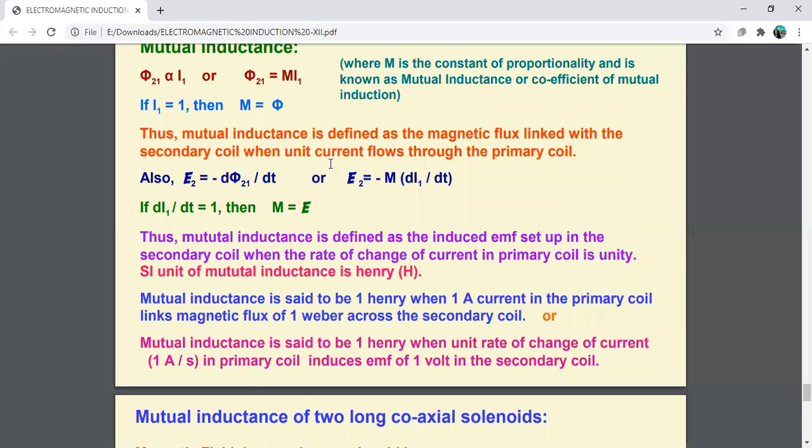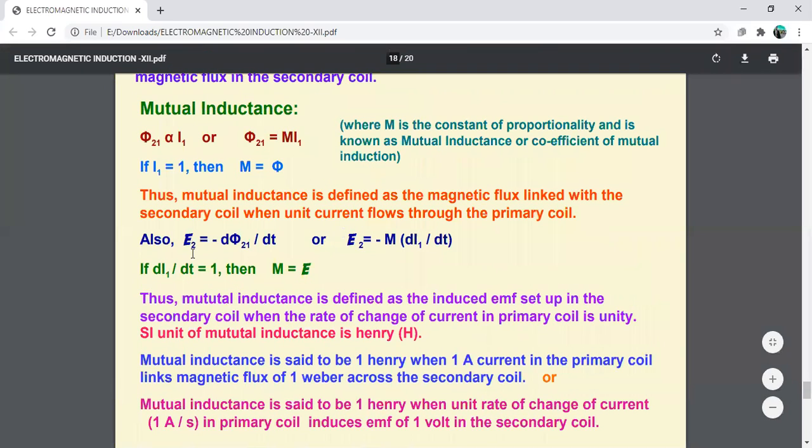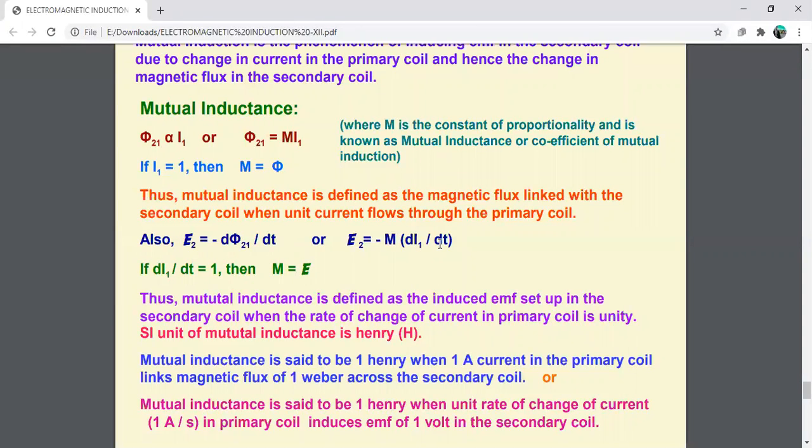So you will see that the EMF induced in the secondary coil is given as E2 equals minus d phi 21 by dt, which equals minus M into dI1 upon dt. So if dI1 by dt becomes 1 ampere per second, then the coefficient of mutual induction M is just equal to the EMF induced in the secondary coil.